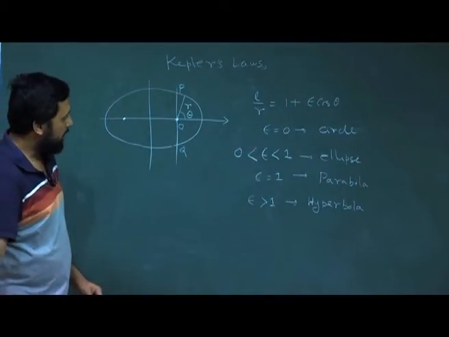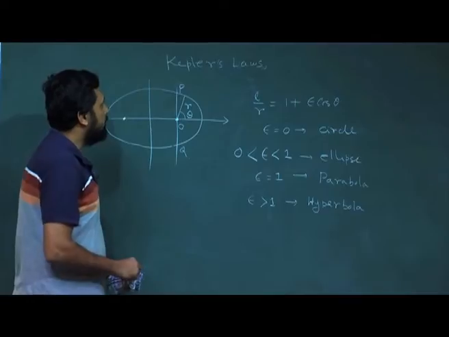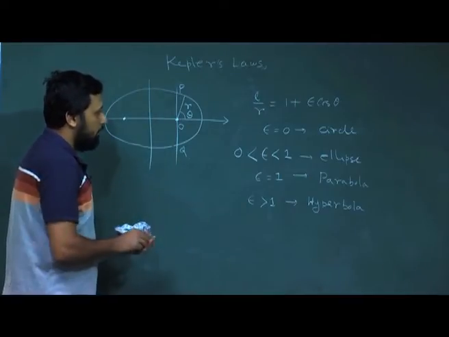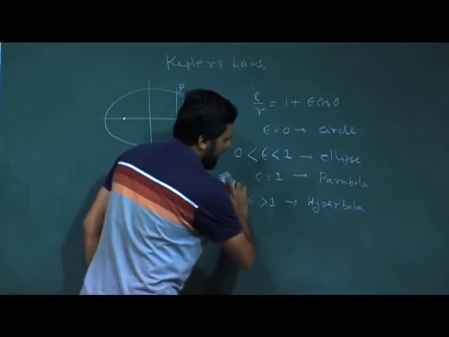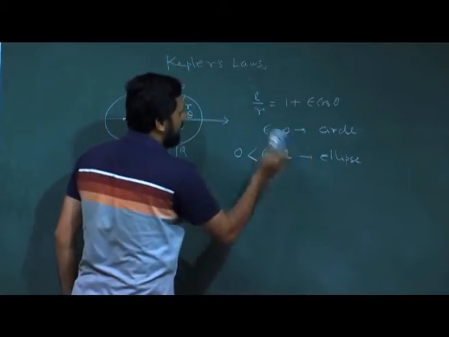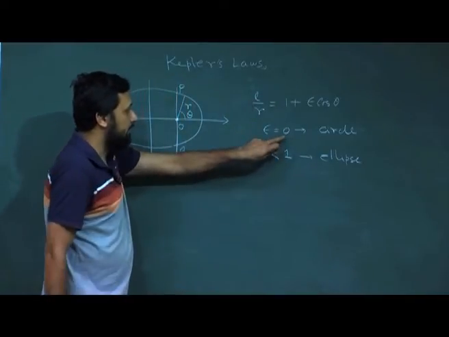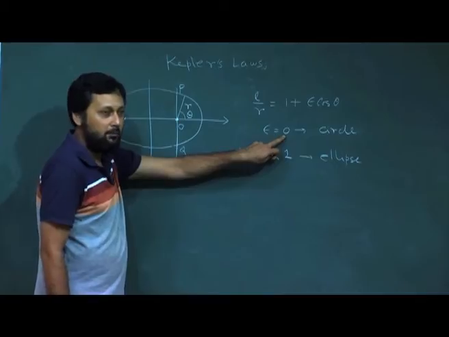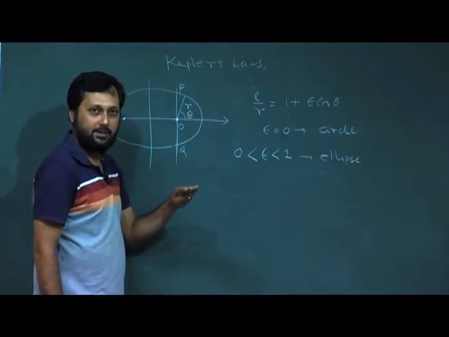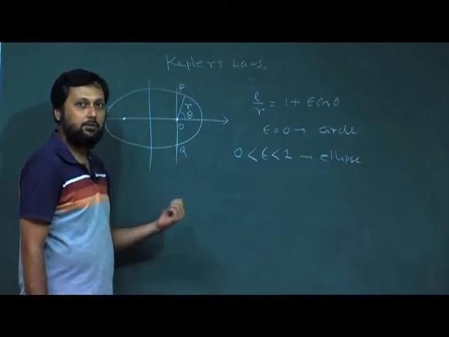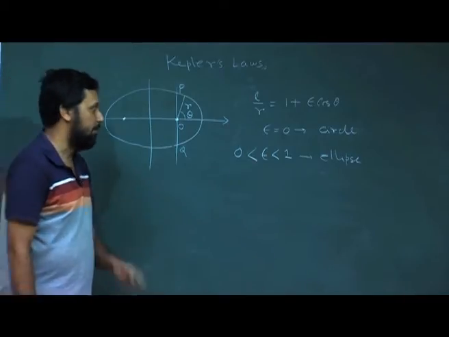Right now, in order to prove Kepler's third law, we are more interested in the ellipse, because we are talking about a closed orbit. We will see later that epsilon equal to 0 means a certain value of energy which will give you a circular orbit. That will come later.